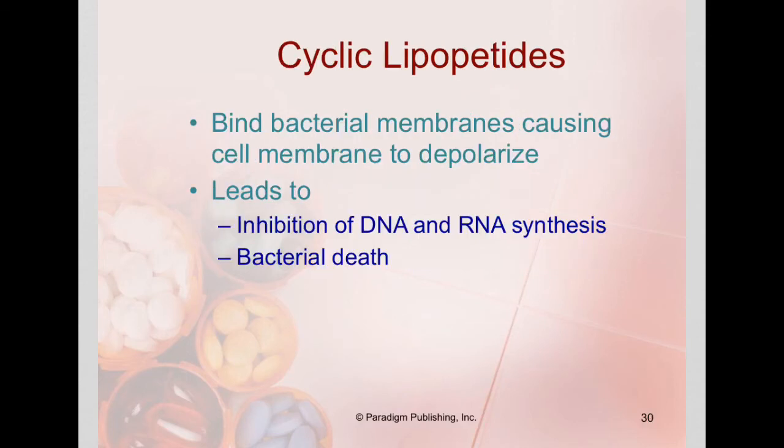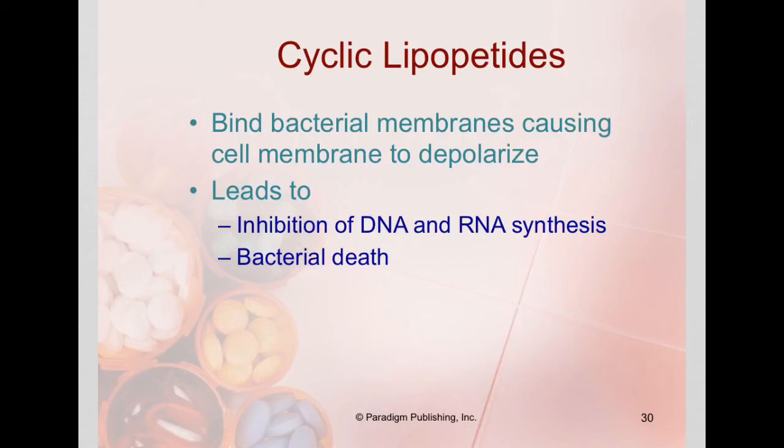Cyclic lipopeptides bind bacterial membranes, causing the cell membrane to depolarize. When it does that, it leads to the inhibition of DNA and RNA synthesis and causes the bacteria to die. The big cyclic lipopeptide is daptomycin. It's Cubicin. There is no generic right now, and it's stored in the refrigerator, and it's very, very expensive.